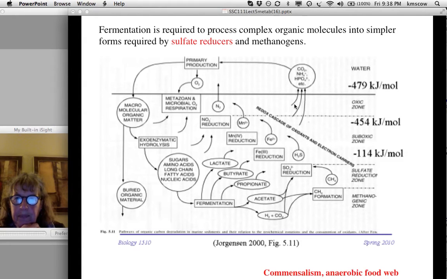Okay, so this slightly complicated figure, but it's not too complicated, is it really?